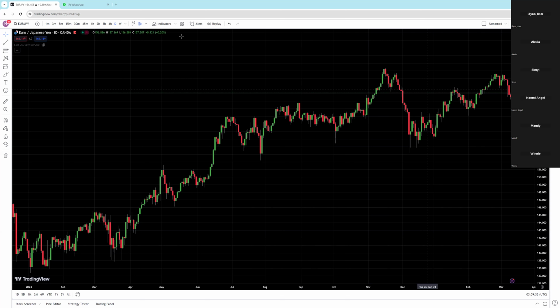Okay. So basically, you're going to need to create an account in TradingView. I'm sure some of you already have that. This chart platform is free. You can get it for free, or you can get a paid subscription. The paid one gives you more features and allows you to open more charts, but it's not needed. At the beginning, you don't need the paid one. You can just get the free one.